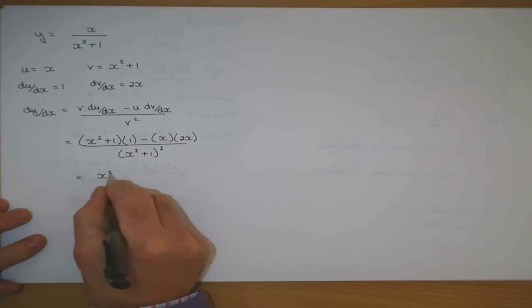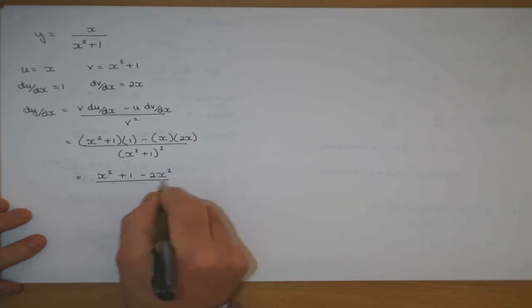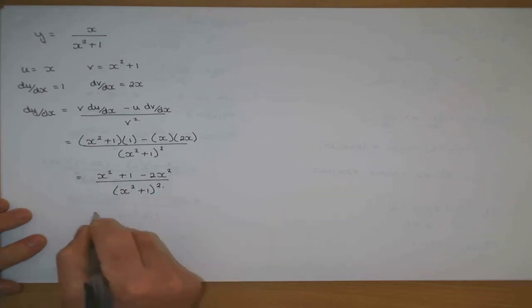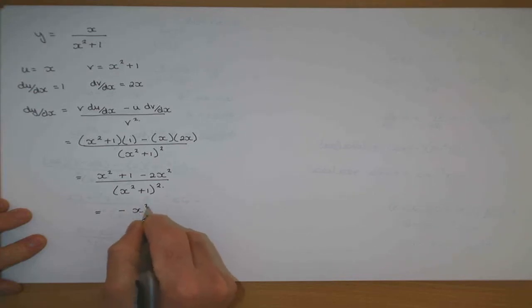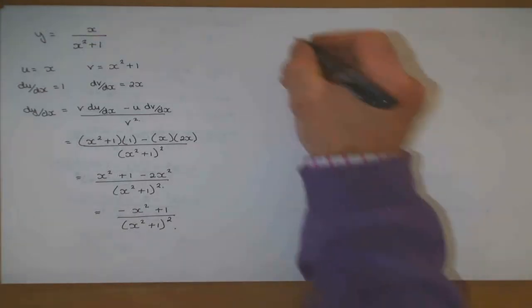That's x squared plus 1 minus 2x squared all over x squared plus 1 squared, which is minus x squared plus 1 all over x squared plus 1 squared. Have you any questions?